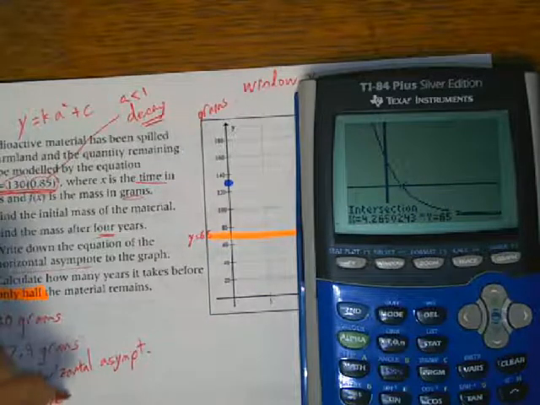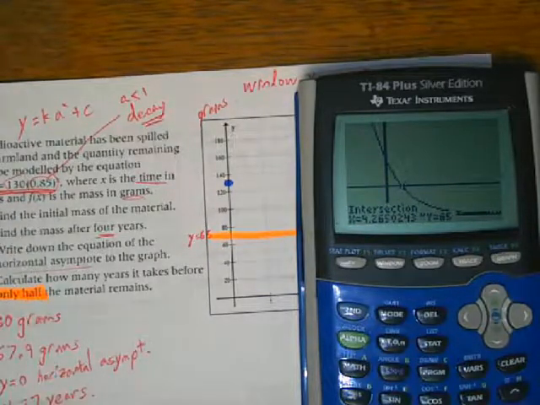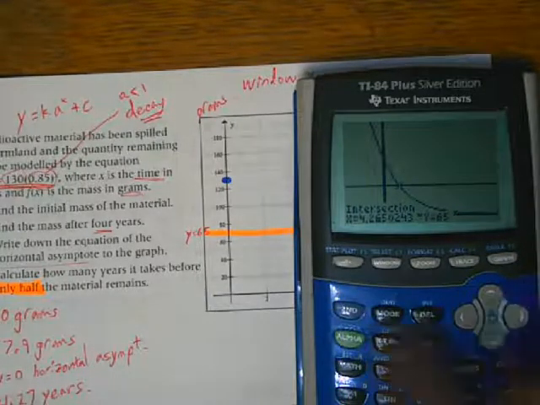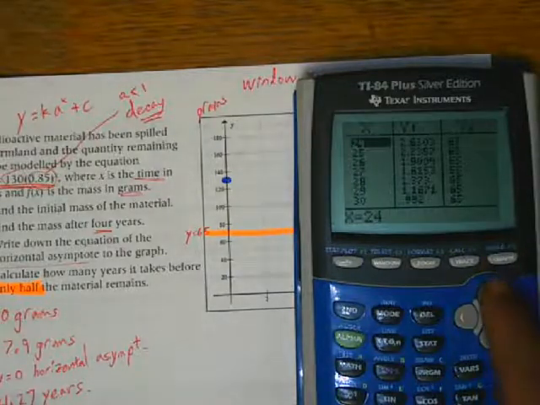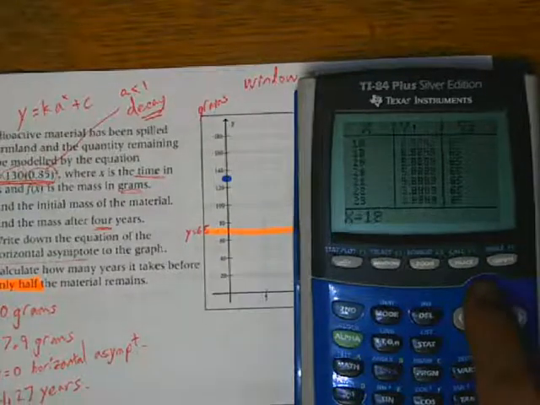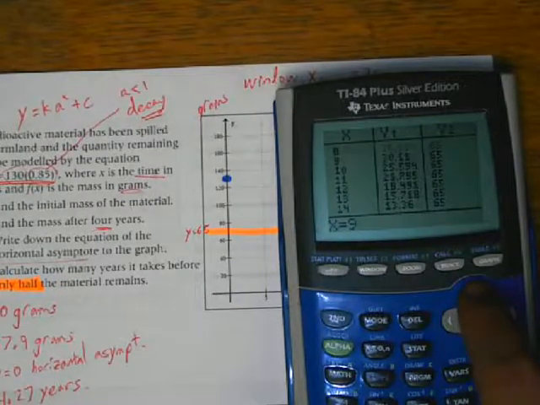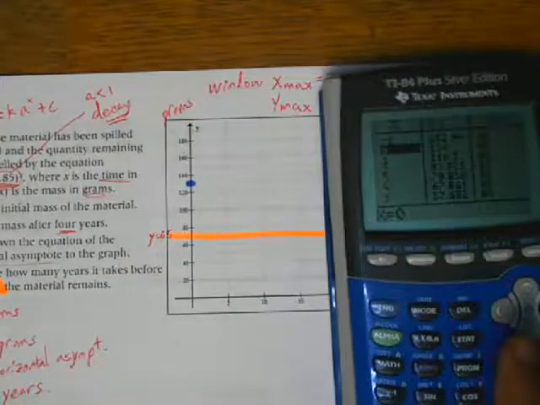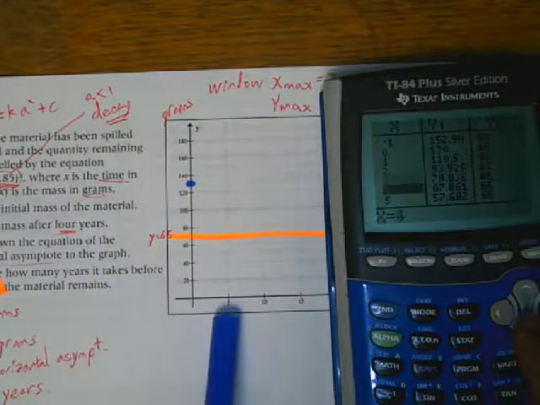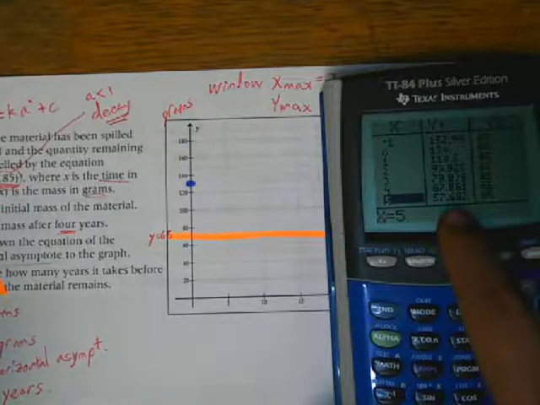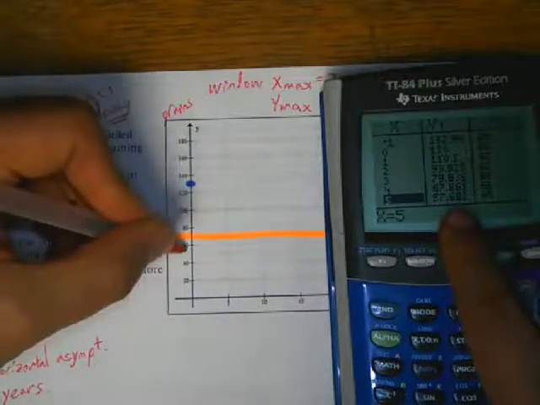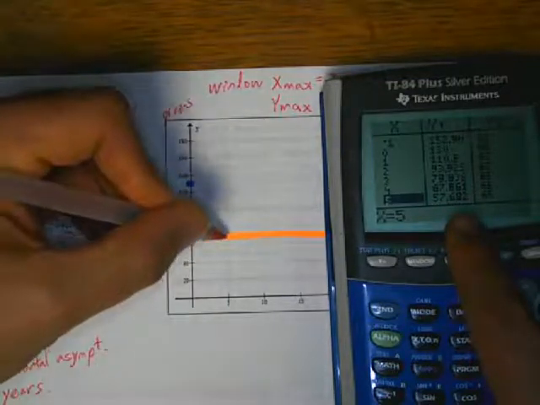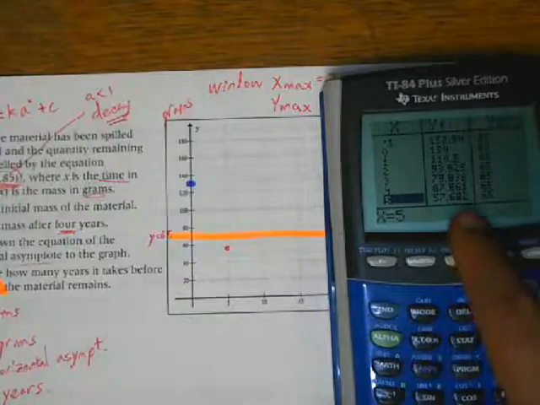Let's draw this graph. So, second graph to get a table. Okay, so we know at 0 it's at 130. At 5 we're at 57.68.